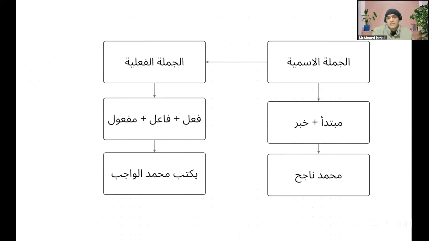For example, if I say يكتب الواجب محمد, of course you know Muhammad is the فاعل even if you don't have it directly after the فعل. Why? Because of course the homework will not write Muhammad. So Muhammad is the writer, the doer of the فعل. But if you couldn't know by the meaning which one is the فاعل and which is the مفعول, you can know that another way.